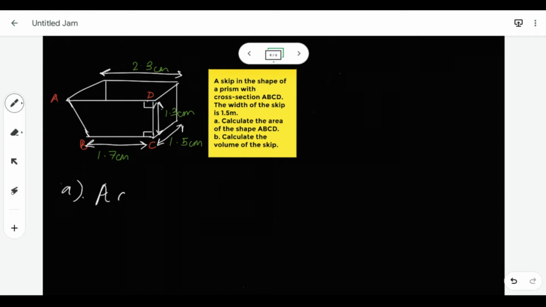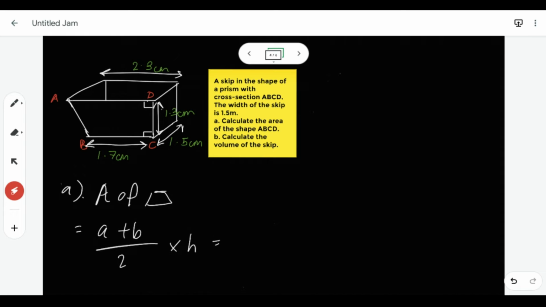Okay, so area of a trapezium is A plus B divided by 2 times by height, where A is obviously your 1.7 here, B is this part, which is equivalent to this side, so that's 2.3, and then your height is 1.3, which is here.